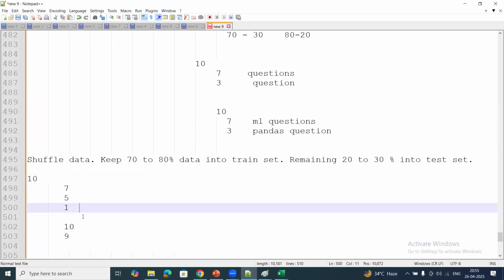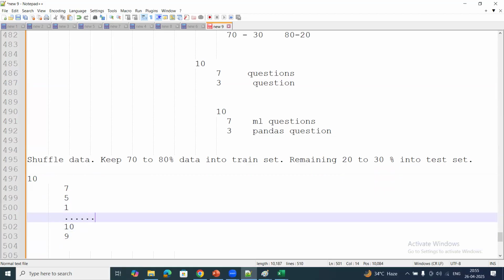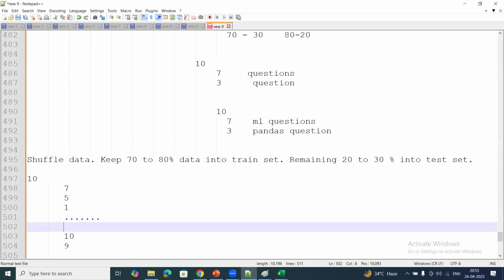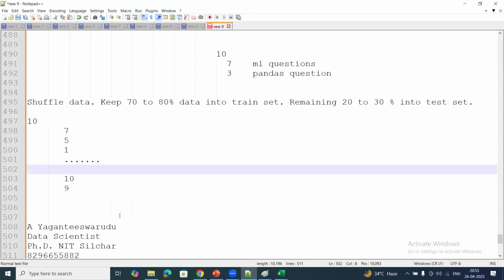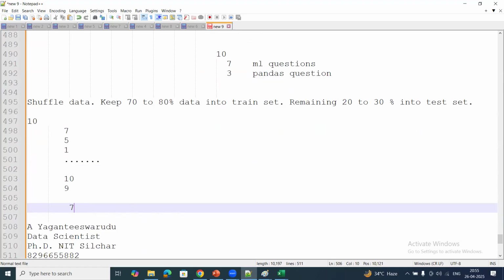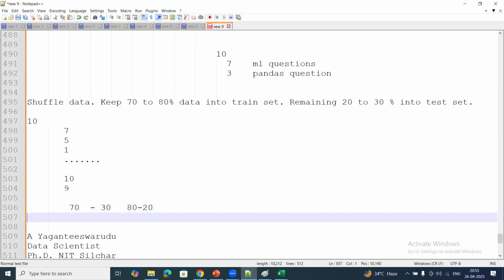If you shuffle the data like this, there is a chance of not having similar records on top, and only the test records will be different. Now I can divide into a 70-30 or 80-20 ratio. If I train my model this way, there is a chance of overcoming the previous two approaches.